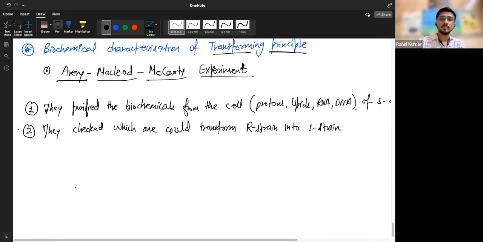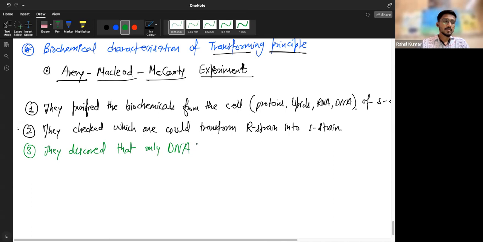So if, one by one, you allow the R strain to take up protein, lipids, RNA, and DNA, they figured out, write down, they discovered that only DNA was able to transform.